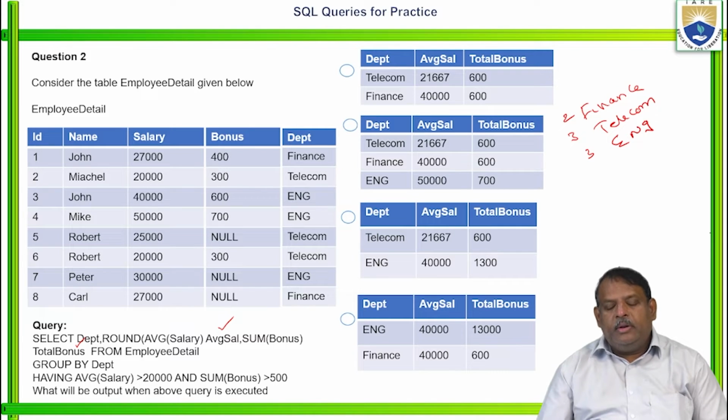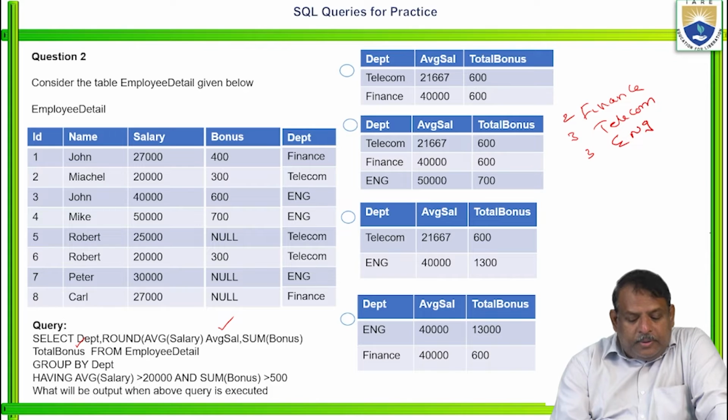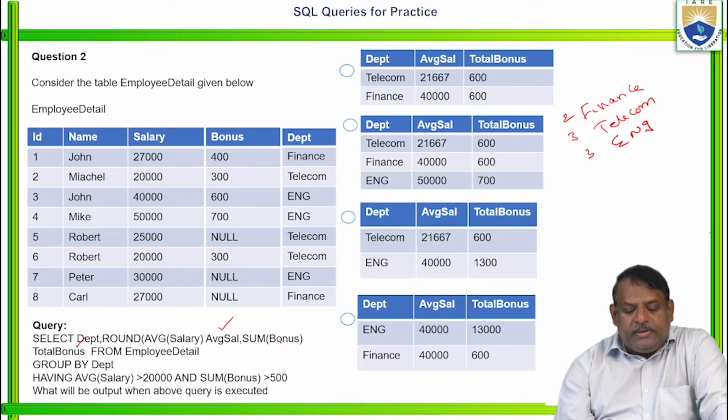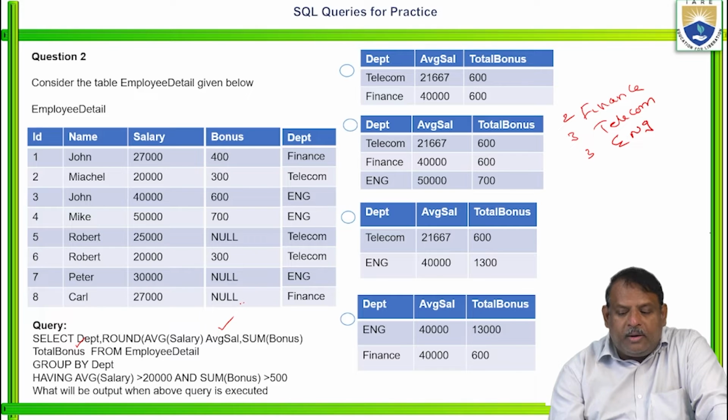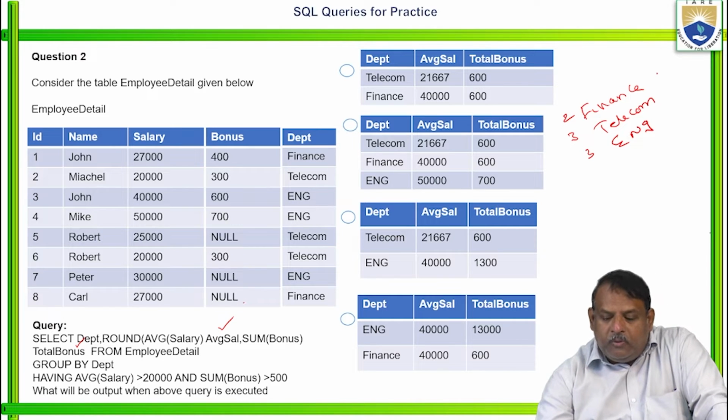3 records. Fine. Now we need to find the sum of bonuses. First, we will see what is the sum of bonus here. For finance, how many records are there? 2 records. One is John, and the bonus for Carl is null here. So the bonus sum will be 400.